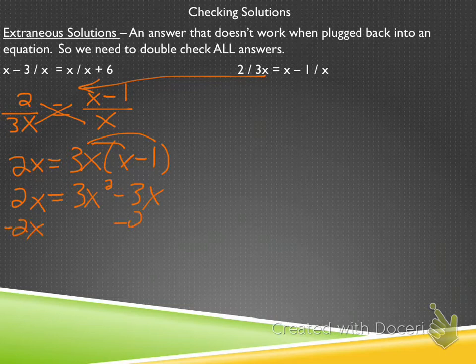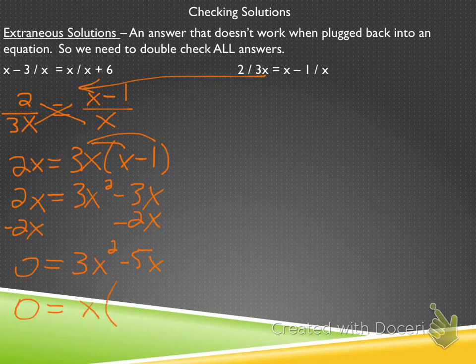Subtract the 2x, so I get minus 5x there. It's kind of tricky because it's not a trinomial, and it's not a difference of squares, so I can't factor it into two binomials, but I have a greatest common factor. The greatest common factor is x. Figure out what's left: divide 3x squared by x, and I get 3x. Negative 5x by x, and I get negative 5.